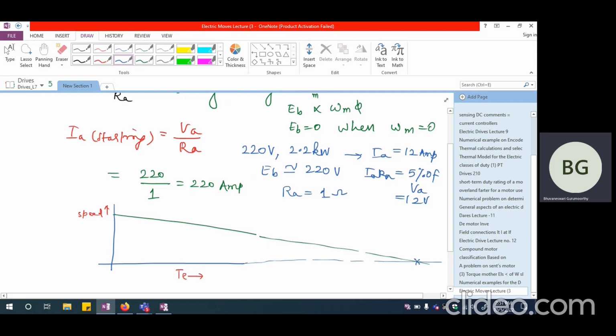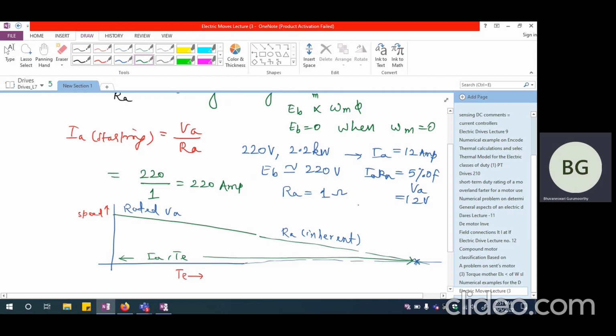You can see that this will be the operating point corresponding to RA, whatever is the inherent value. If I apply rated VA with rated excitation, I'm going to have a very, very large torque or very, very large IA value. Both IA and TE are going to be extremely large, which means I'm definitely going to have the fuse blowing. The commutator will not be able to handle this kind of large current during starting.